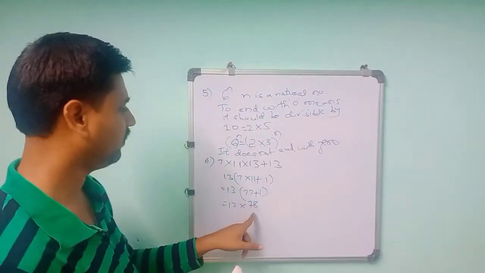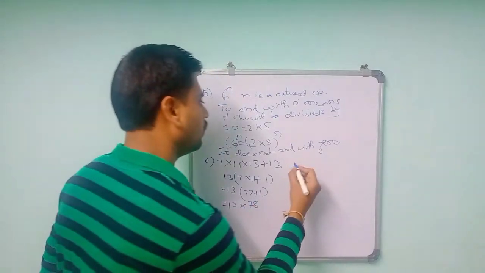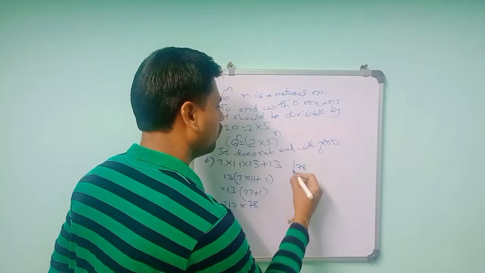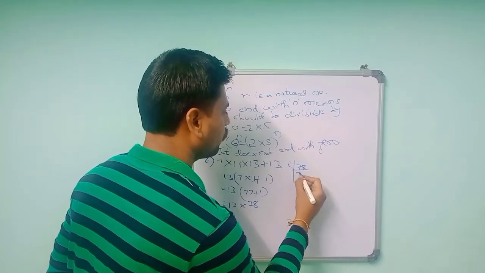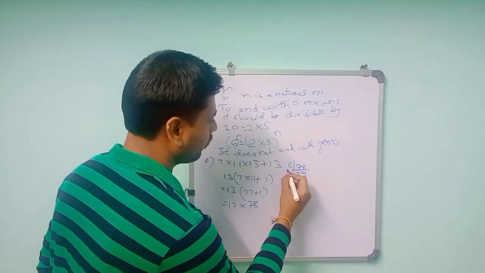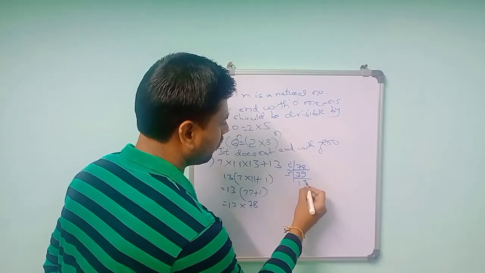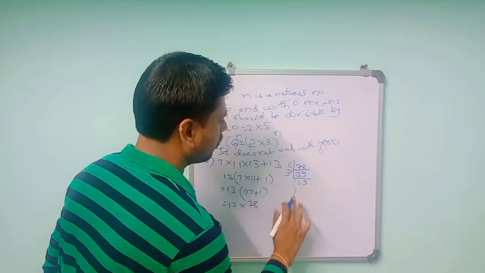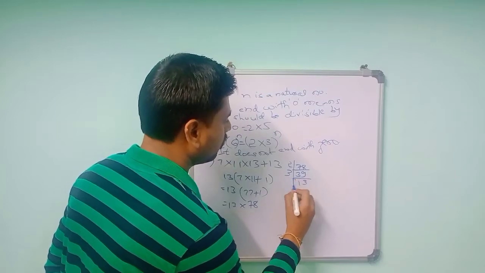So we can split this into prime factors. 78: you take 2, because 2 3s are 6, 2 9s are 18, then the remaining is odd, so you take 3, 3 13s are 39, and 13 is a prime number.